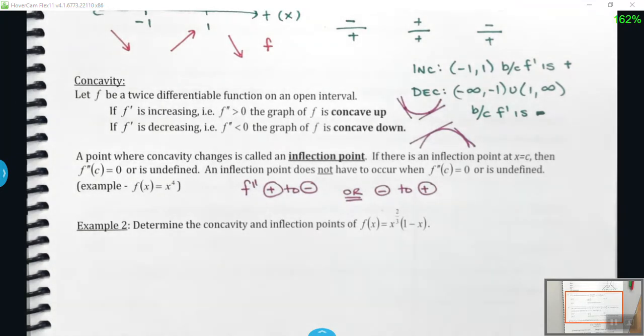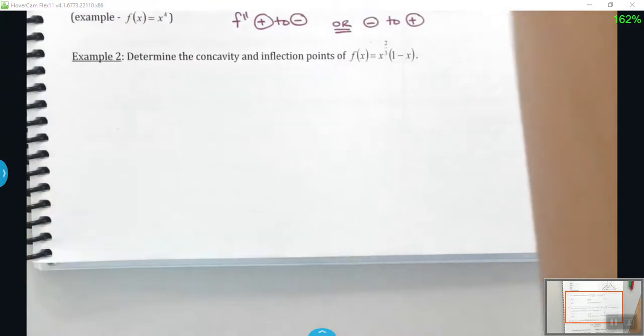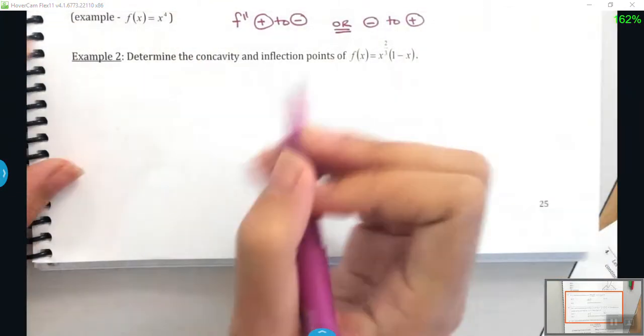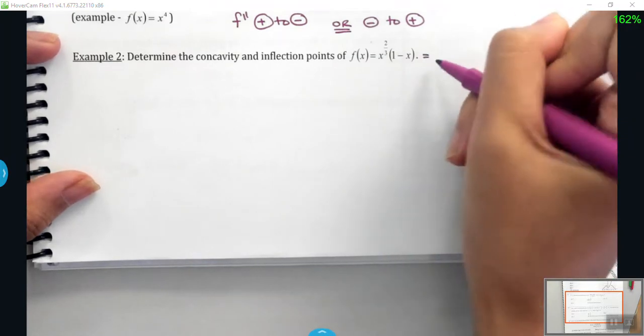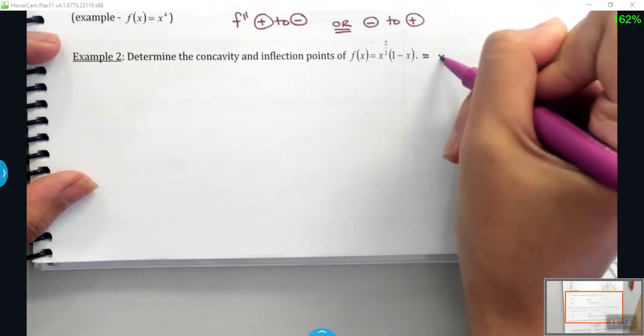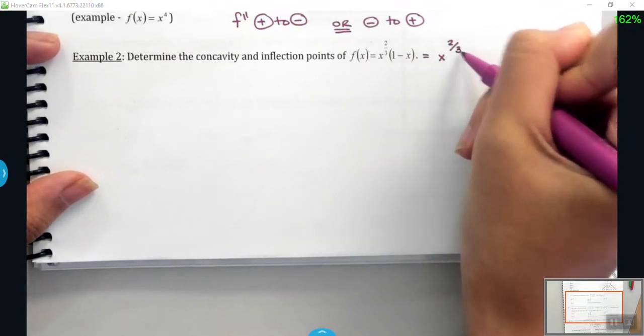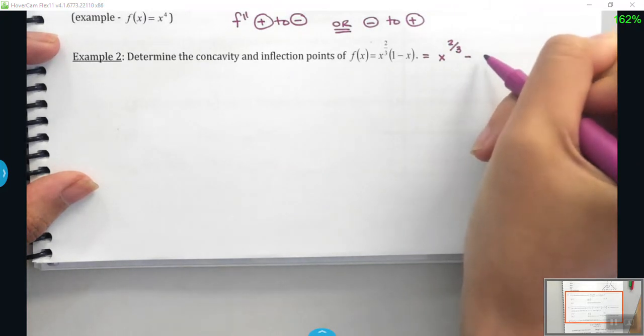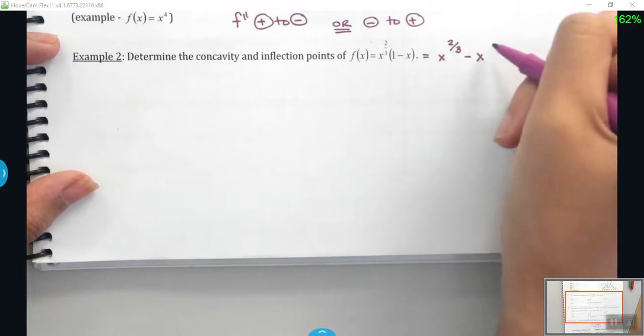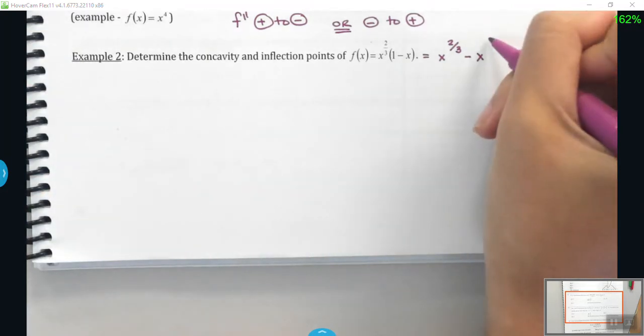All right, let's do example 2. Let's do concavity and inflection points. I'm going to expand this so I don't have to do product rule. x to the 2/3 minus x to the 5/3.